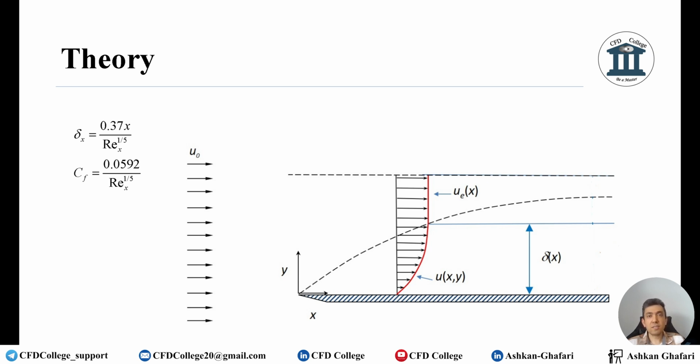In these conditions, since we have heat transfer between the plate and the flow, and I'm going to calculate the Nusselt number in the next video, and Nusselt number is an important and crucial parameter in this project, it's better to solve the boundary layer and have the y plus.